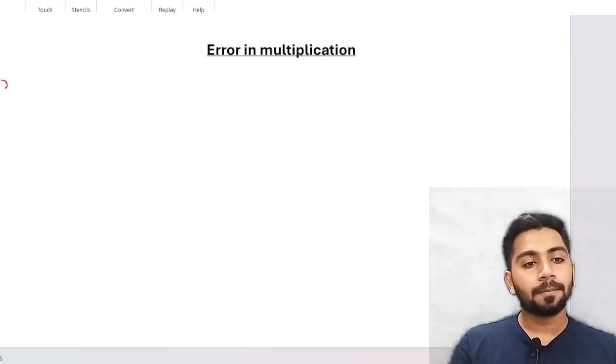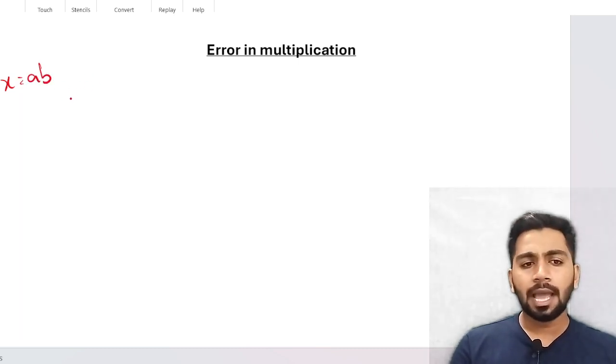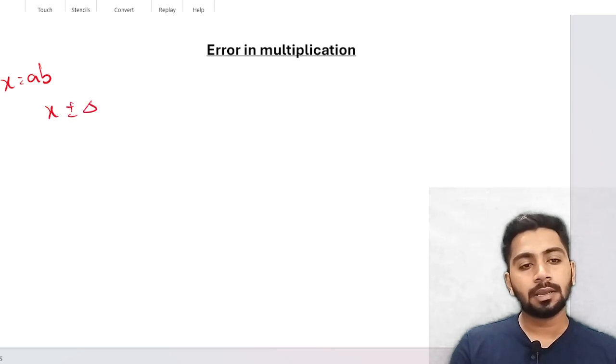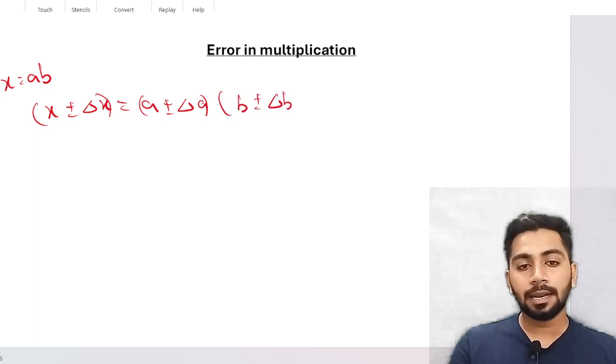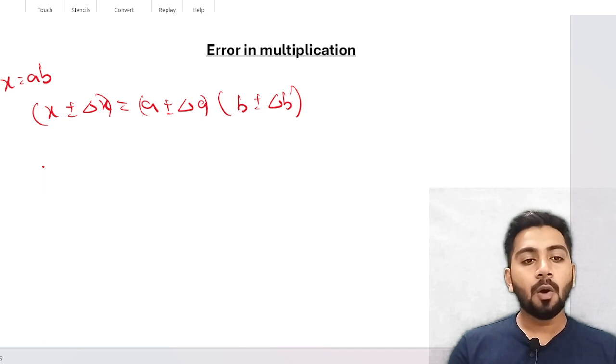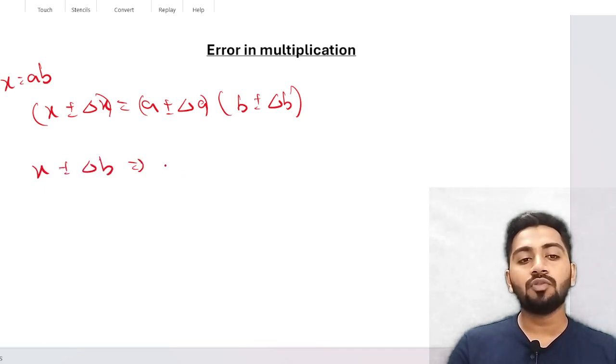Let us take x is equal to ab. Simple again. I will add errors here: x plus or minus error of x is equal to a plus or minus error of a, into b plus or minus error of b. Now I will remove common.